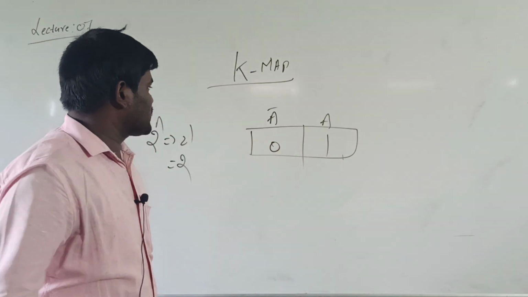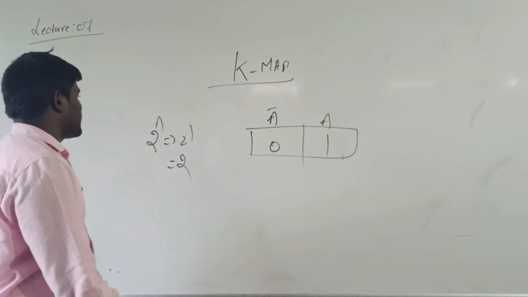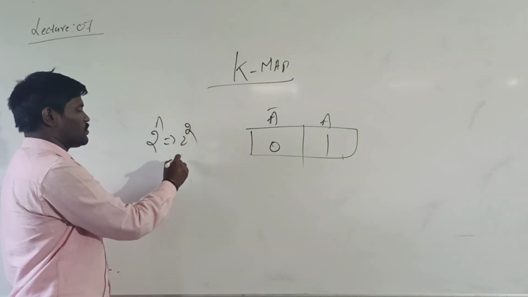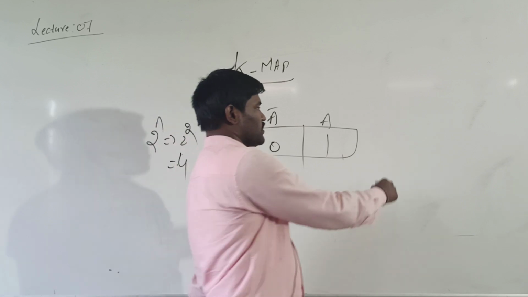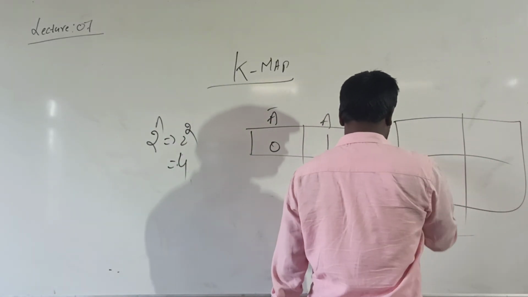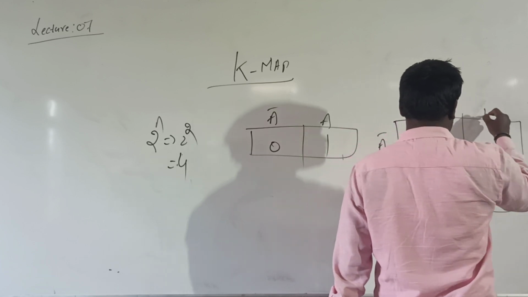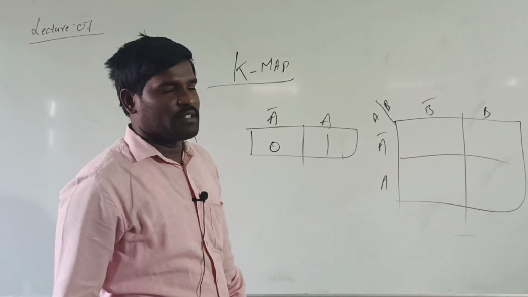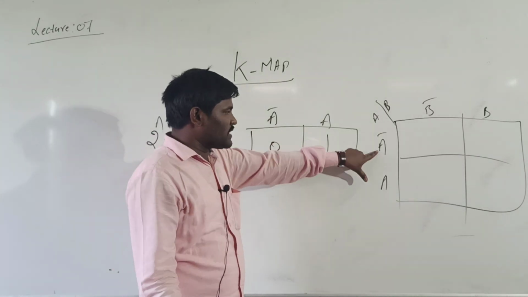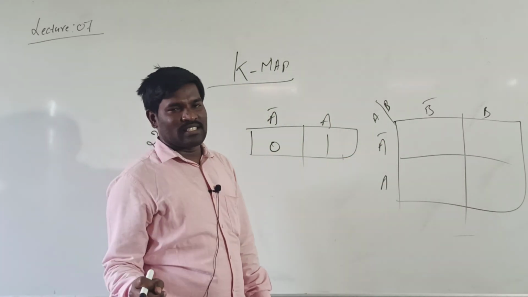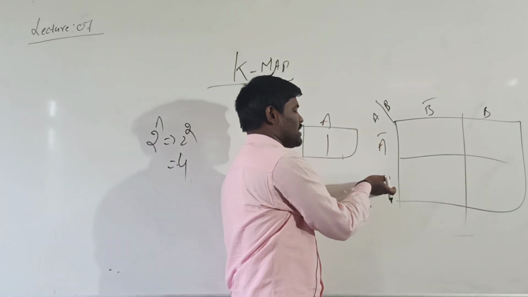Next is the two variable K-map. Here you can substitute 2, so 2 to the power of 2 means 4 boxes. With respect to A and B, here A bar, A and here B bar, B. Why do we write A bar first and then A?